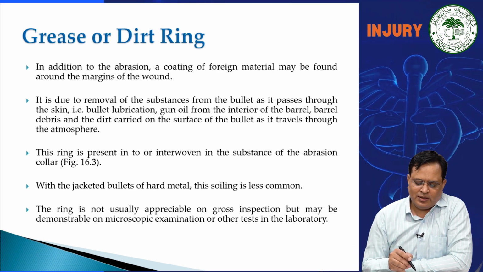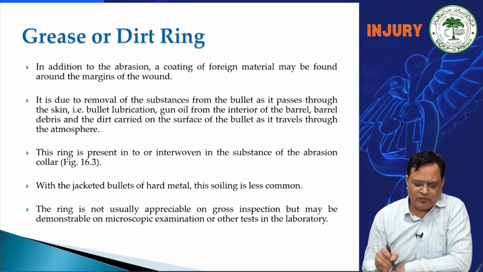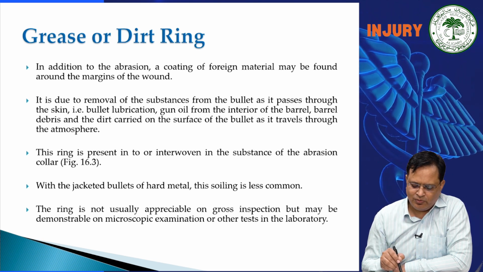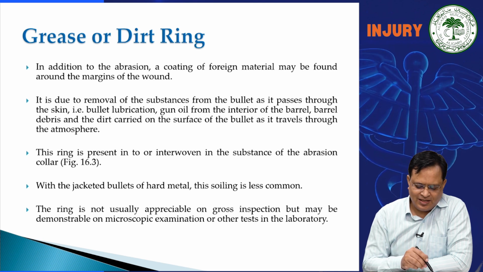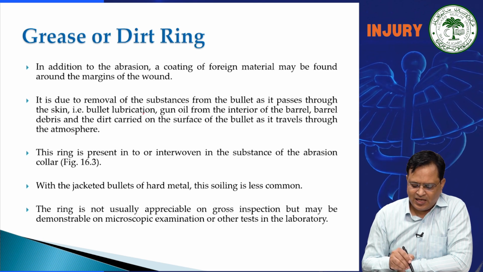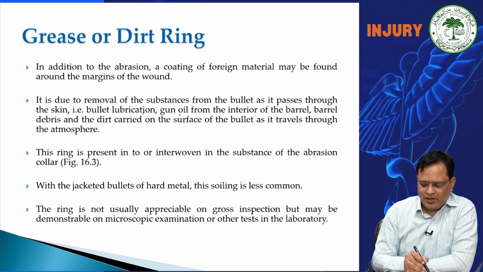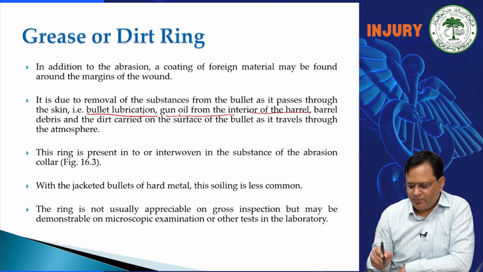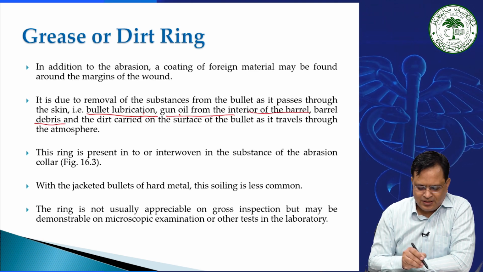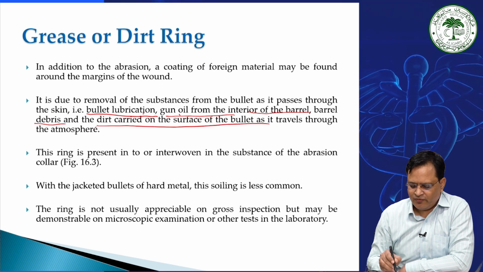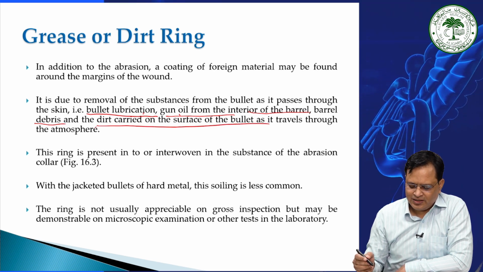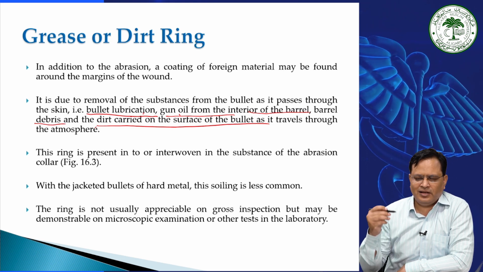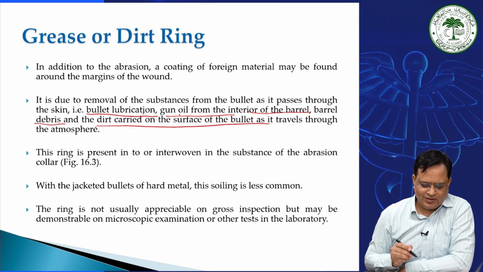In addition to abrasion, a coating of foreign material may be found around the margins of the wound, due to removal of substance from the bullet as it passes through the skin: bullet lubricants, gun oil from the interior of the barrel, barrel debris, dirt carried on the surface of the bullet.